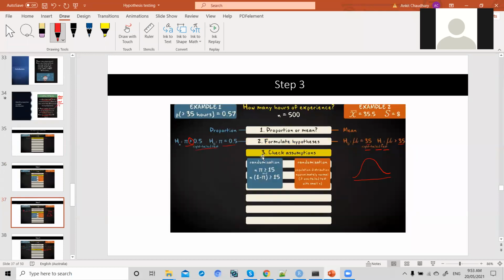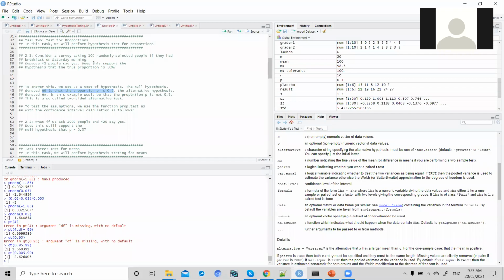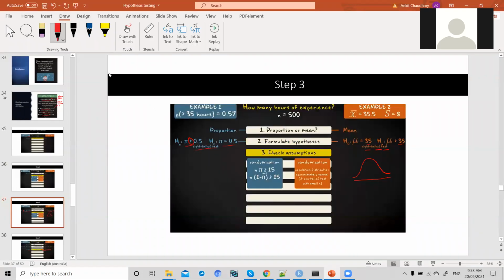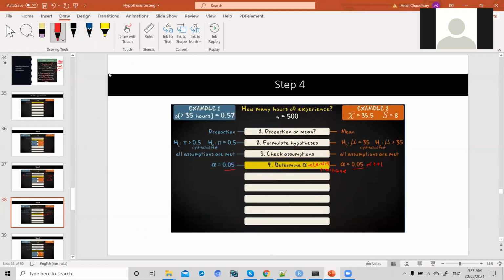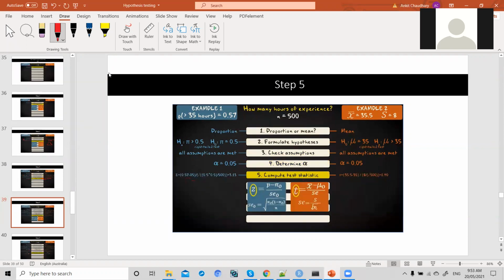Then the third is to check assumptions. For proportion, your assumption is n should be greater than or equal to 15, right? Our n is 100, so this assumption is also met. And the fourth is to determine alpha. We will choose 0.05 and then compute the test statistic.